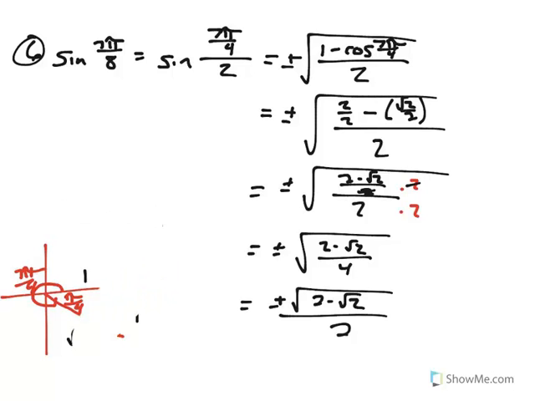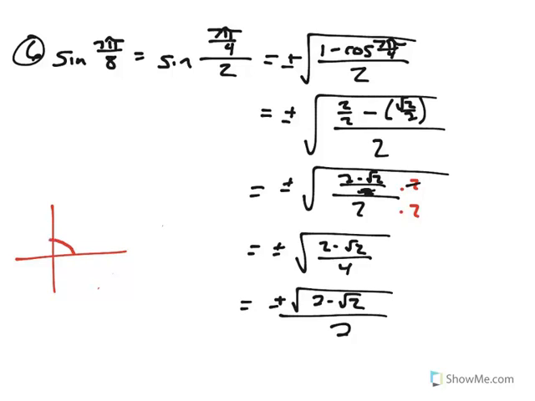To determine that, you take the original question, sine of 7 pi over 8. 7 pi over 8 is almost 8 pi over 8. 8 pi over 8 is the negative x-axis. So that's in quadrant 2. In quadrant 2, your x value is negative, your y value is positive, and your r value is always positive.